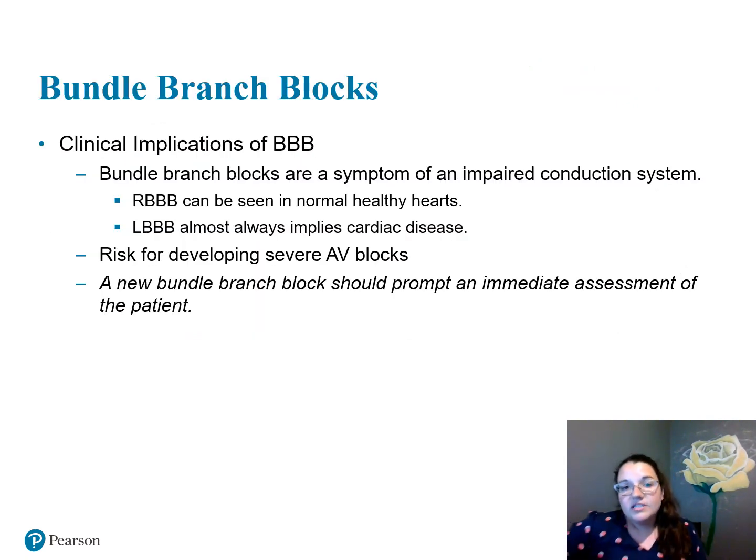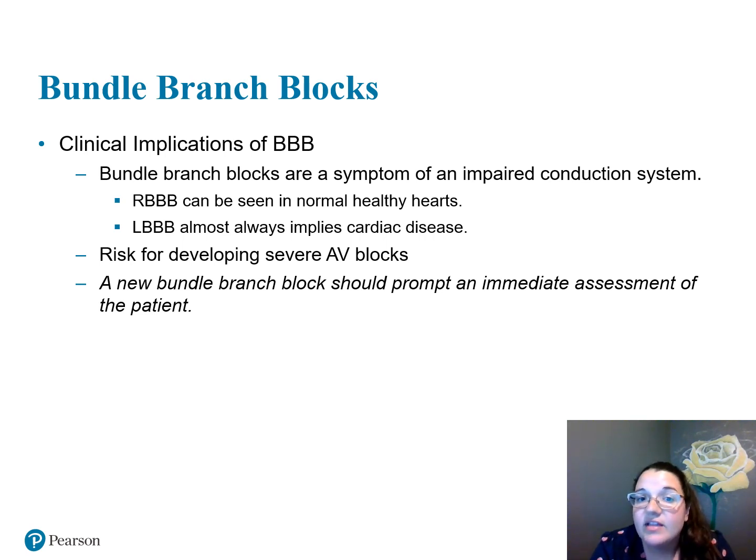All right, what are some clinical implications of my BBB? The bundle branch blocks are a symptom of impaired conduction system, right? So if my conduction starts up there in the sinus node and I'm traveling through and I get blocked in a branch, then I am impaired. My right branch can be seen in a normal, healthy heart, but the left branch is almost always implying cardiac disease.